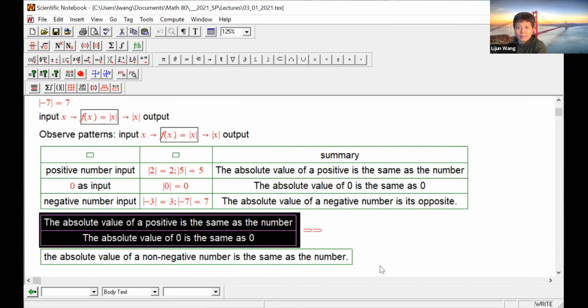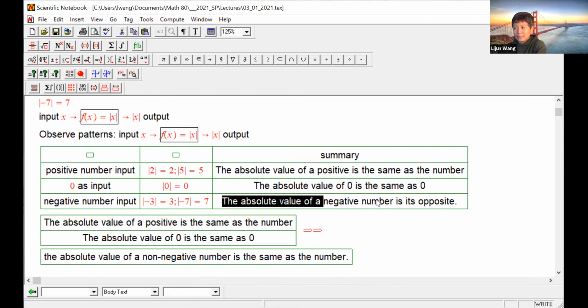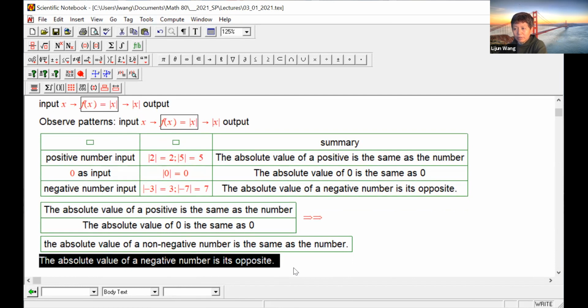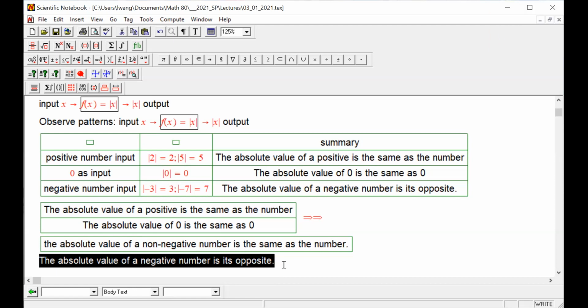We just condensed it. Do you follow me? And the second sentence, after condensing, is right here: the absolute value of a negative number is its opposite. Do we still agree with these 2 sentences? Yes. Very good.